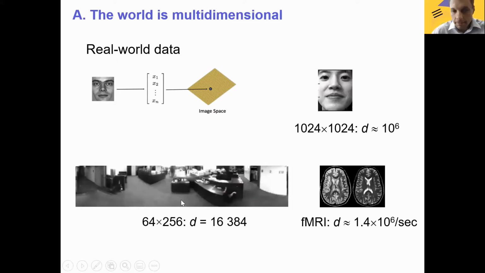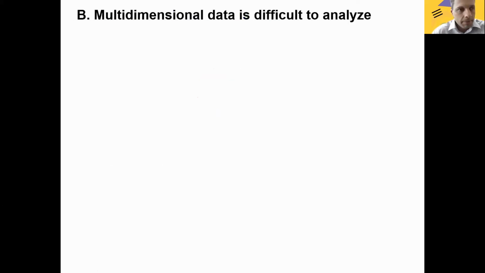And if we consider, for example, three-dimensional data, that is MRI data, medical imaging data, then the dimensionality can be even higher, especially if we consider functional MRI, because it's a sequence of three-dimensional images.